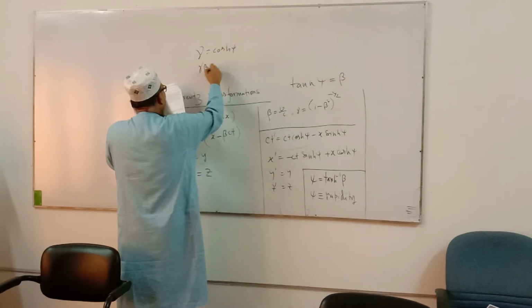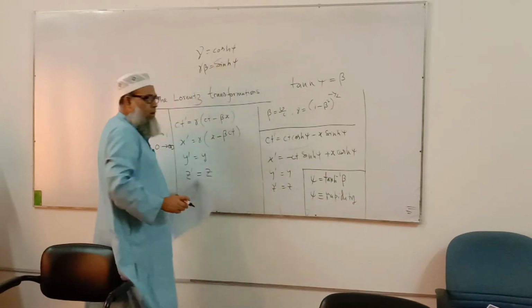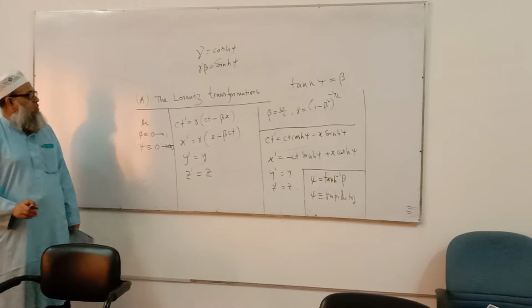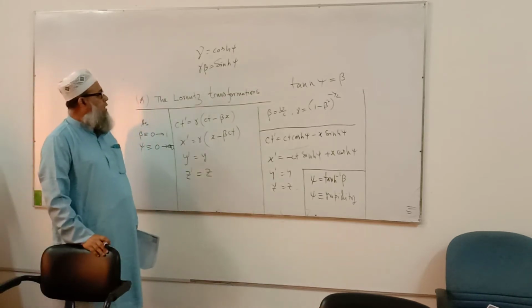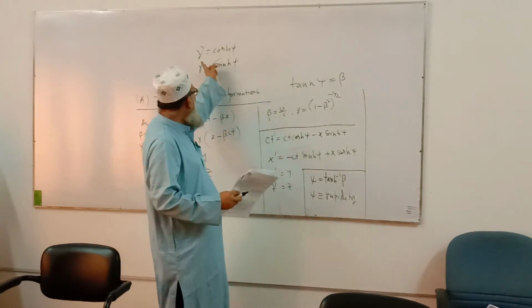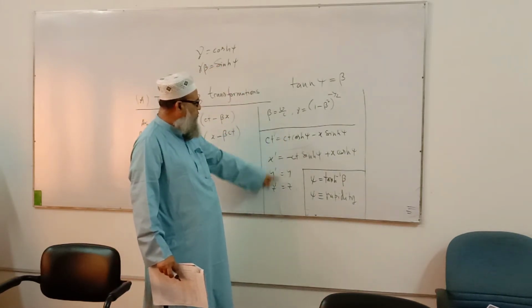Gamma beta equals sinh psi. Memorize these two formulas. Gamma equals cosh psi, gamma beta equals sinh psi. So these relations are embedded in this formula.